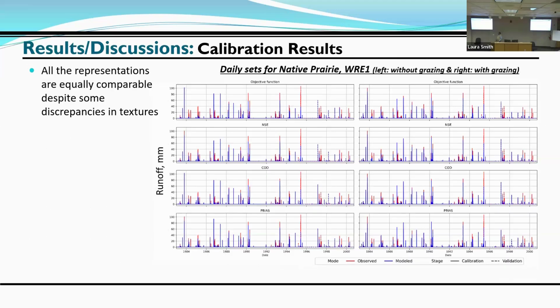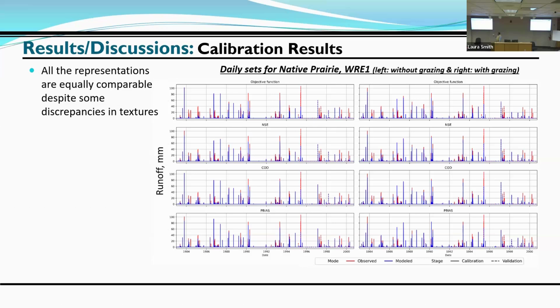Here are runoff representations at daily scale from WRE1. The x-axis is the date, daily dates from January 1983 to September 2000.